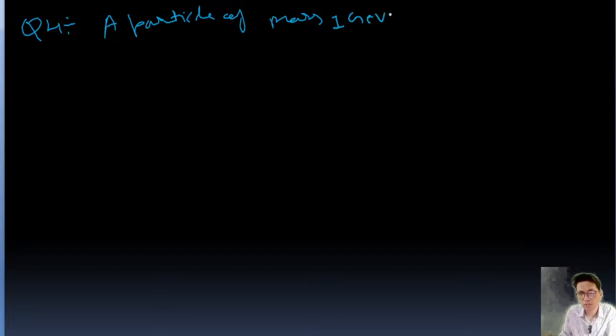A particle of mass m, a particle of mass 1 GeV per c square, that is giga electron volt per c square.